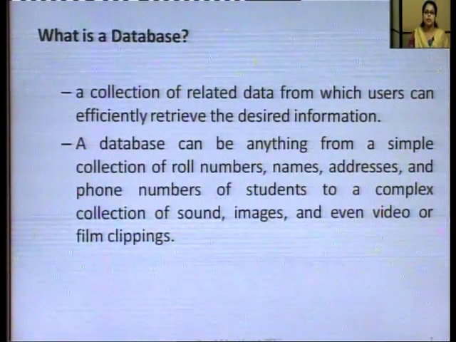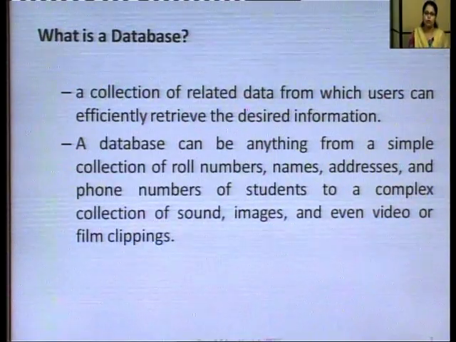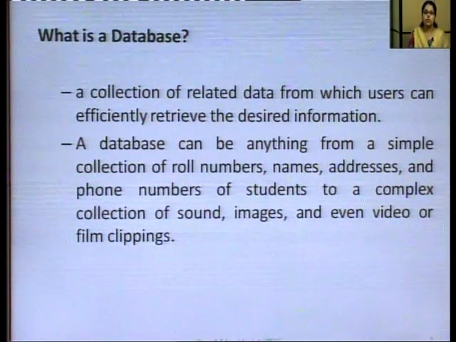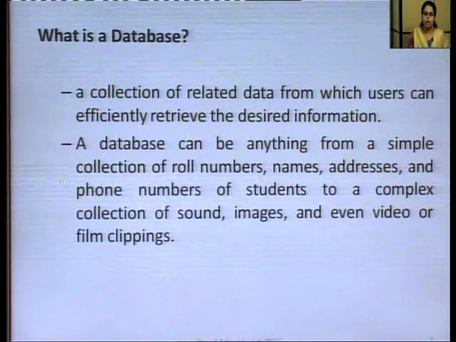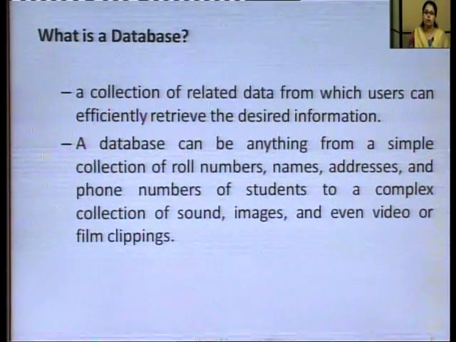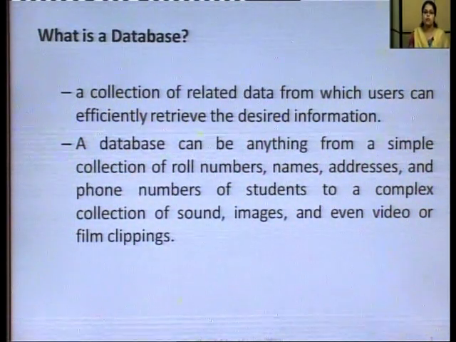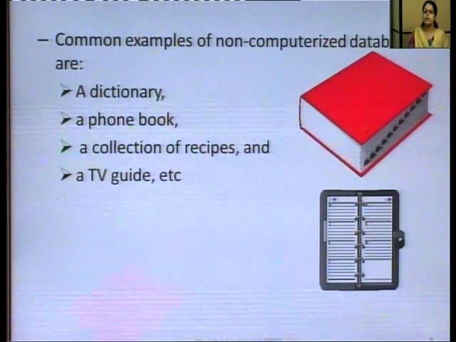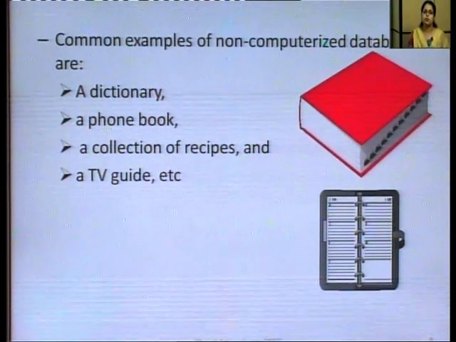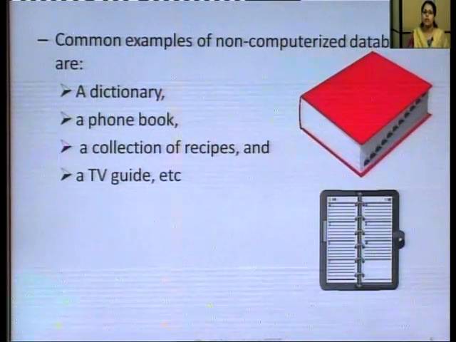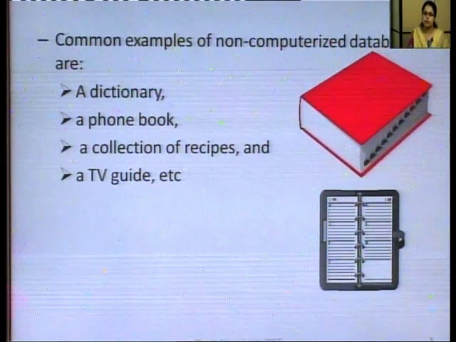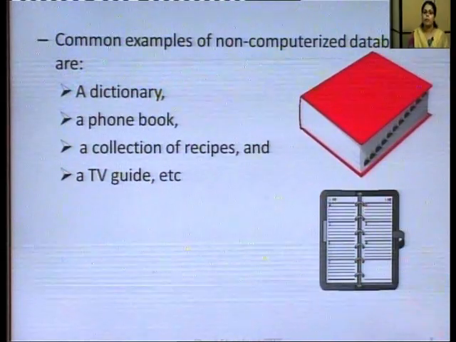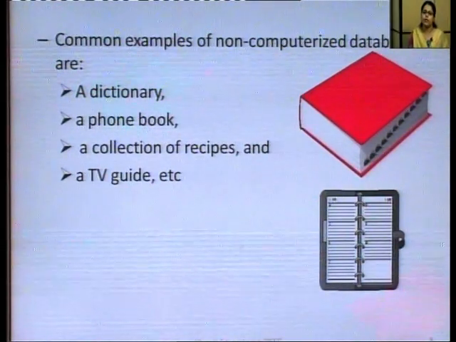It can be anything from a simple collection of roll numbers, names, addresses and phone numbers of students to a complex collection of sound, images and even video or film clippings. Common examples of non-computerized databases are, for example, a dictionary, a phone book, a collection of recipes, a TV guide or any other manual which is used for a particular equipment.